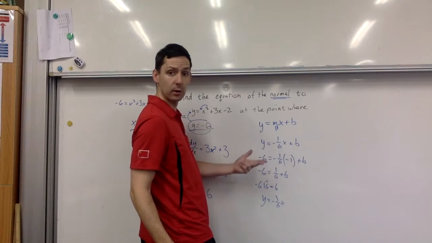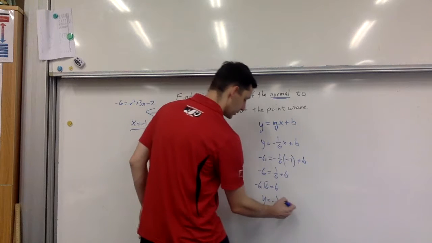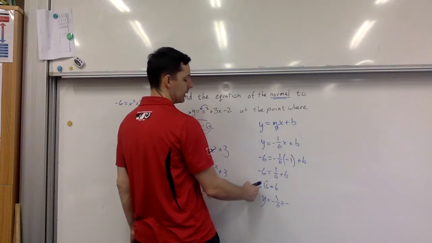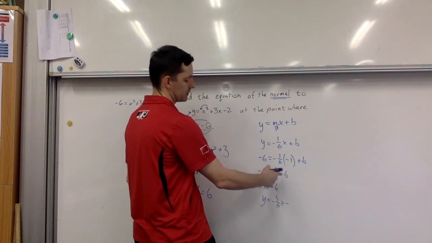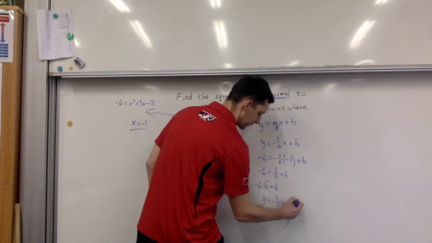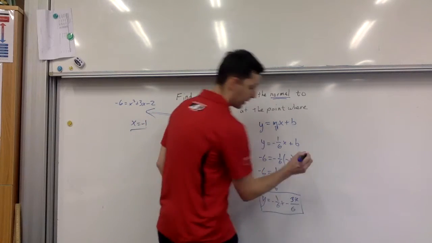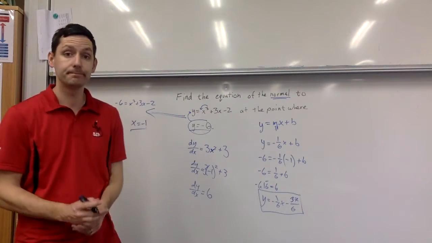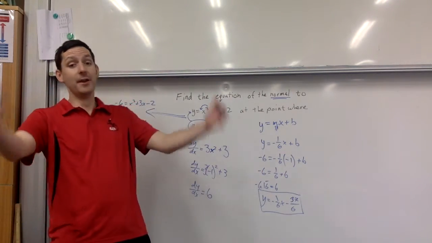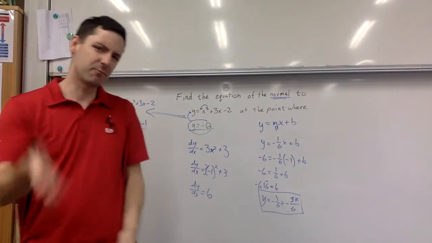If you don't want the decimal, you're welcome to write it as a fraction, which would be 36 over 6 plus 1 more, so 37 over 6. And there's my answer. Now I have the equation that's perpendicular at that point. No problem, right? All right, go ahead and move on to the next one.